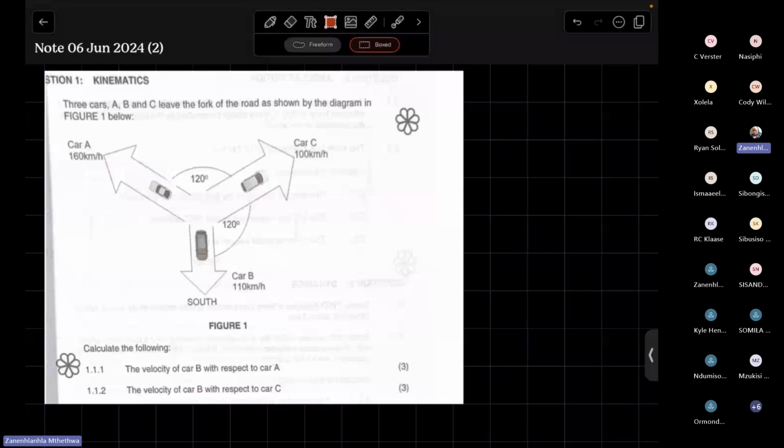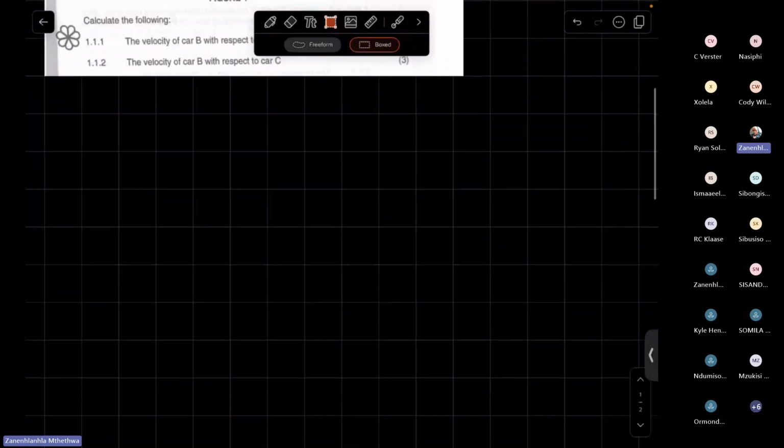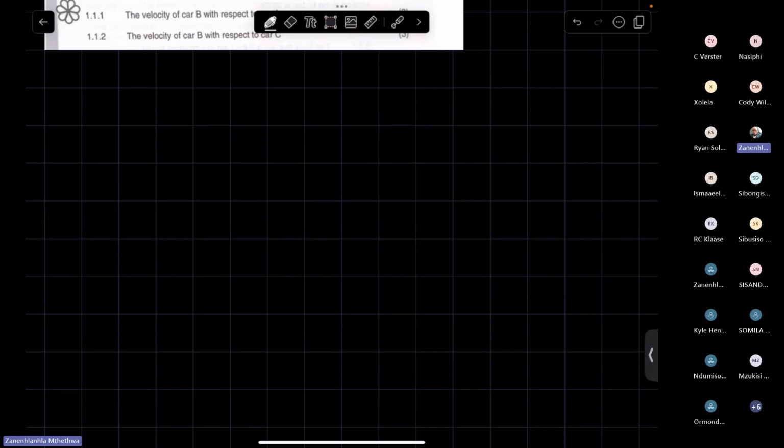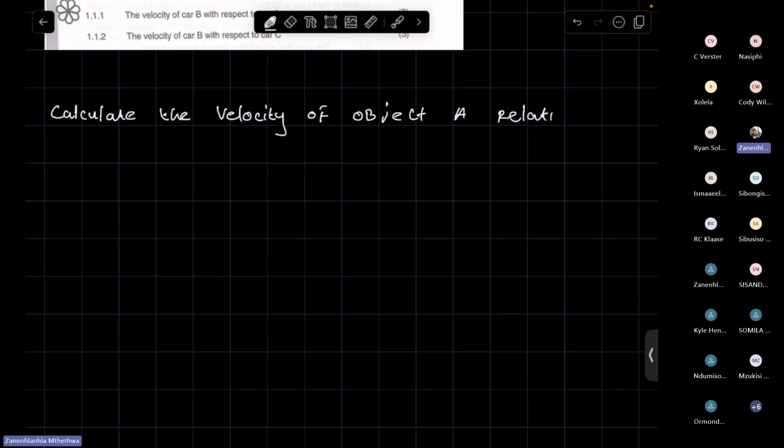Now, the way we express relative velocity mathematically is, if you are told to calculate the velocity of object A relative to B, this is what it means. You have two objects, A and B, and you are told to calculate the velocity of A relative to B. The velocity you're looking for is the velocity of A, which means A we take as the object.